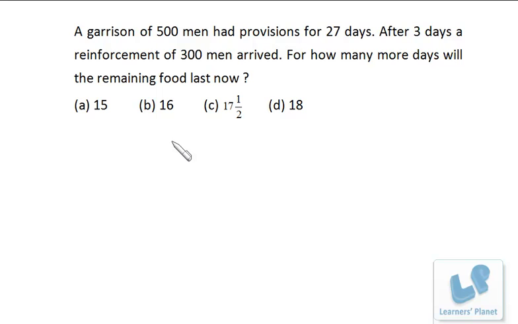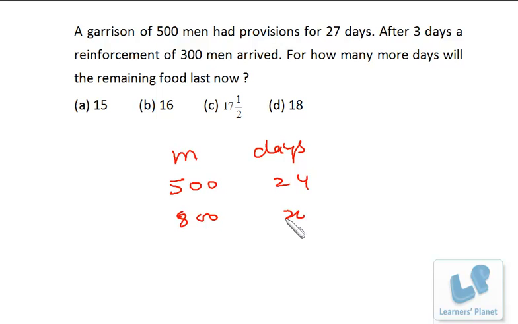So after 3 days, the food will be sufficient for 500 men for 24 days. Okay, men and days. Now, 300 more people have come. So now 800 people are there. Now we have to find out the number of days the food will be sufficient.